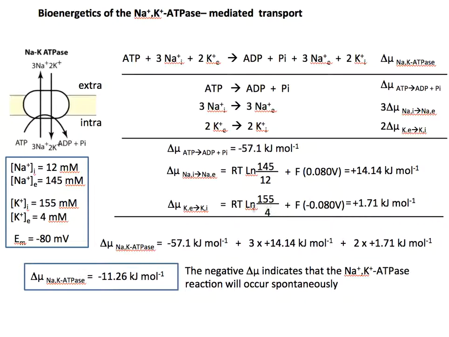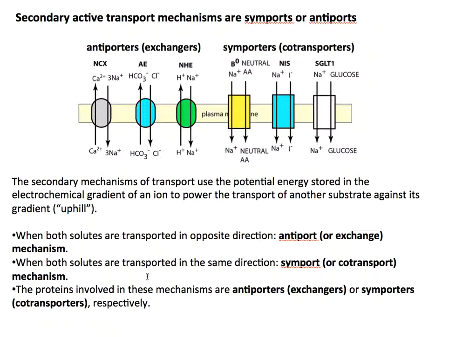And as for the potassium, your final destination is inside. That's why it's going to be negative. So when you take all these values and you add them all up, you have to multiply sodium, because you have 3 of these, by 3. And as for potassium, you have 2, so you got to multiply by 2. And when you add it all up, you get negative 11 point something. And the negative delta G tells you that the reaction will occur spontaneously. And that energy comes from the ATP's hydrolysis.